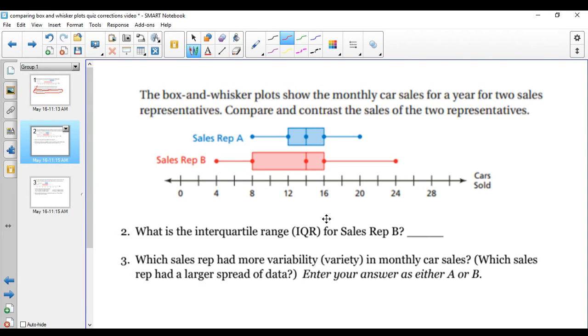So interquartile range, that's the difference between the upper quartile and the lower quartile. So first of all, we have to know where is that on the graph? Well, the upper quartile is the right end of the box, so that's 16. And then the lower quartile is the left end of the box, which is down here at 8. So 16 minus 8 gives us 8 for the interquartile range.